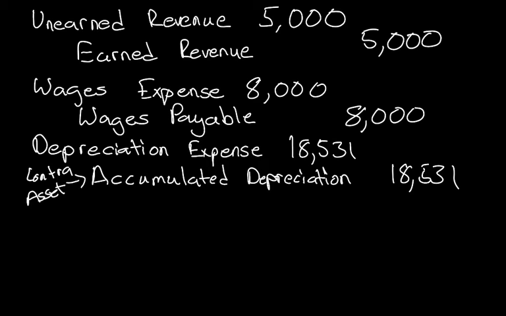Okay, how you calculate supplies goes like this. You want the beginning balance, you're going to add your purchases, you're going to subtract your ending balance to get your usage. So in this equation, the beginning balance was $240.